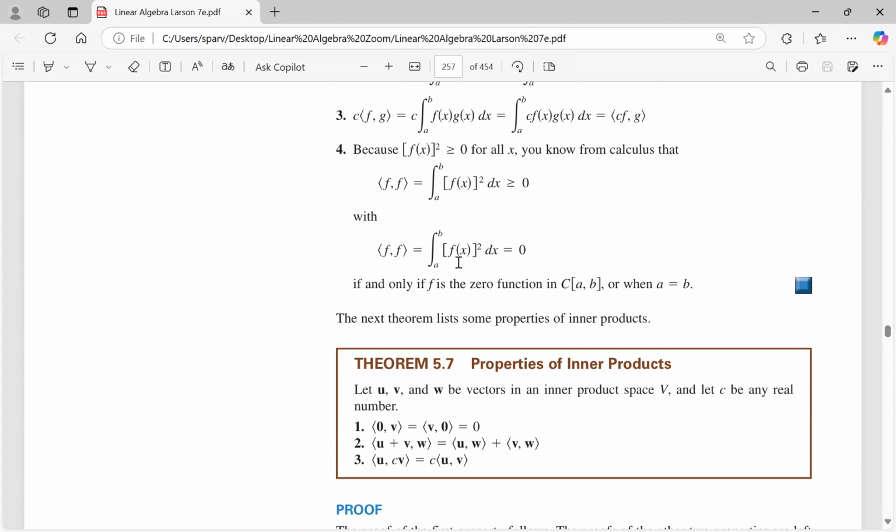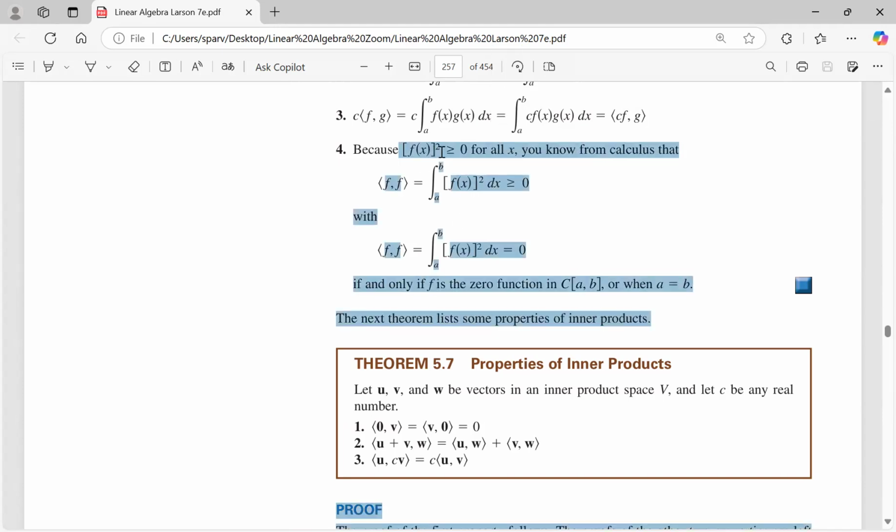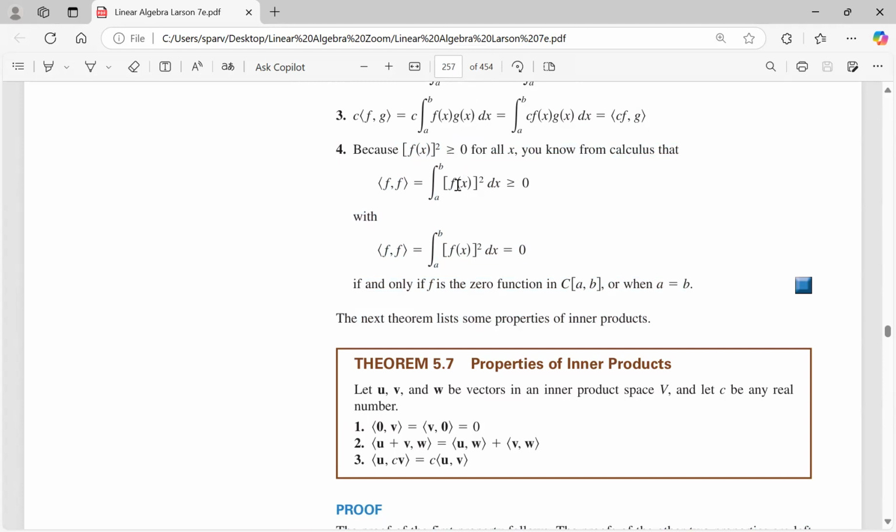Remember, the positivity axiom said the dot product has to be non-negative, and clearly this is, because the integrand is non-negative, up here from calculus. If the integrand is non-negative, the definite integral, we can think of it as the area under the curve, from Calc 1, and that's going to be non-negative.